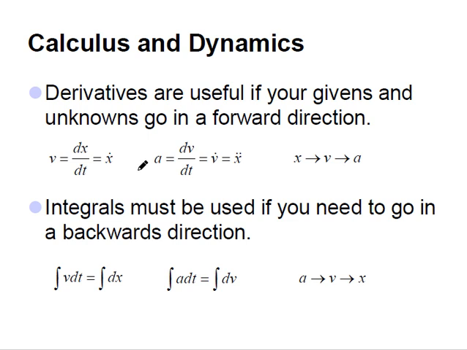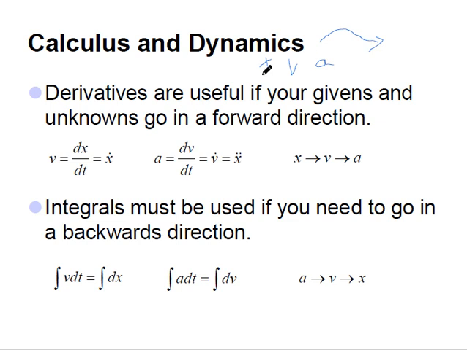So when we think about that, we're studying the relationships between derivatives and integrals in the context of calculus and dynamics. We already studied the relationship of position to velocity and then to acceleration, and we call that a progression, or forward direction.